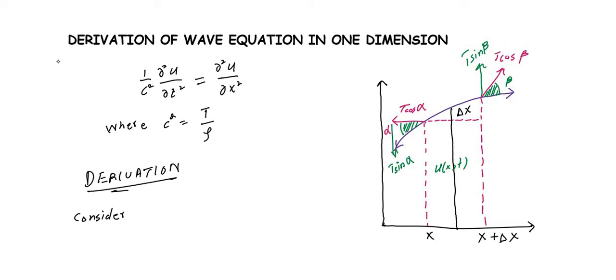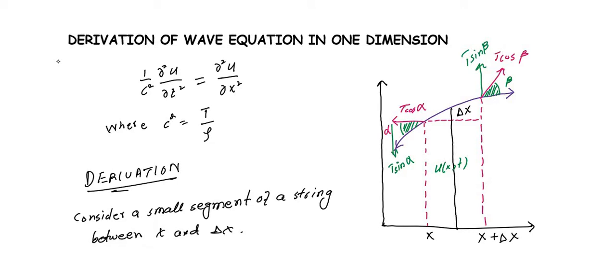So consider a small segment of a string between x and x plus delta x. And here you can see in this diagram, this purple line indicates your wave, the segment of the string.